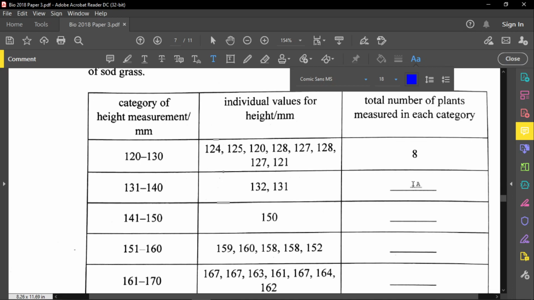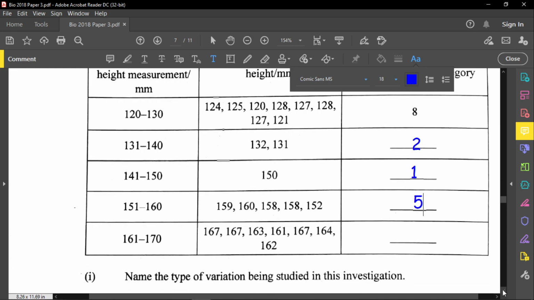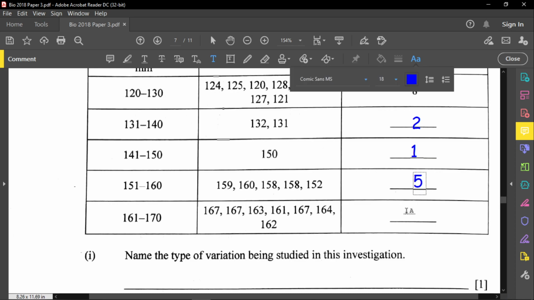This one will be 2. I could just quickly fill them in. This one is going to be 2, and this one will be 1. This one here is 5. And the next ones below are 3, 6, 7. So we'll just fill them in.